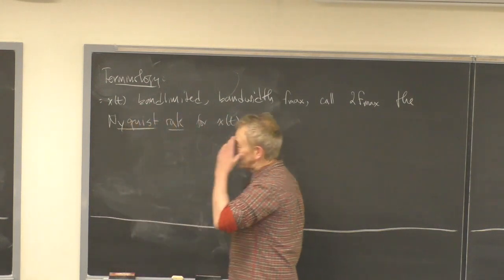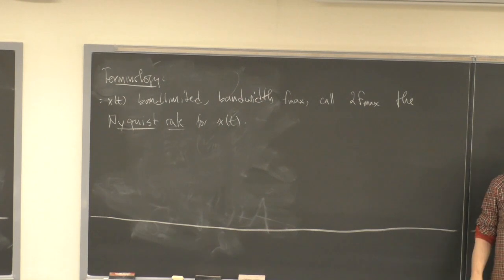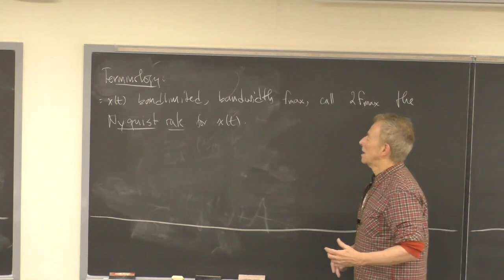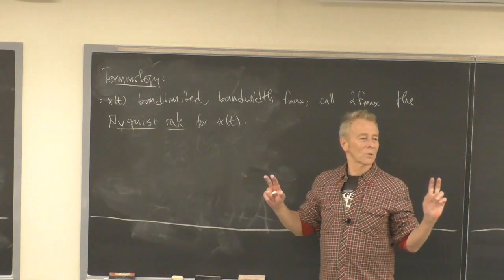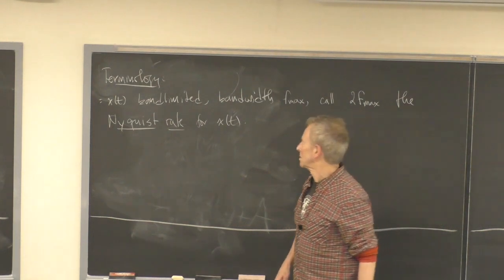Or the Nyquist rate of x of t. So the colloquial way of talking about the sampling theorem is that if you sample a band-limited signal faster than its Nyquist rate, you can recover the signal from the samples.